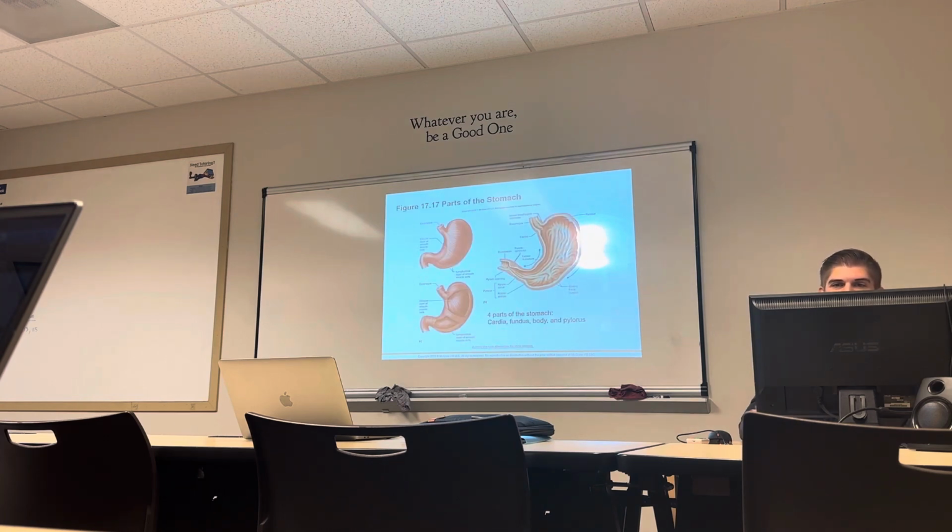Here's the parts, right? Just like you said, here's the cardia. The fundus is this dome on top. Oh, I flipped them. Yeah, so here's the body, the main part. And then the pylorus is this tapering end here. And then the pyloric sphincter is at the very end. The esophageal sphincter is right here in the cardia.